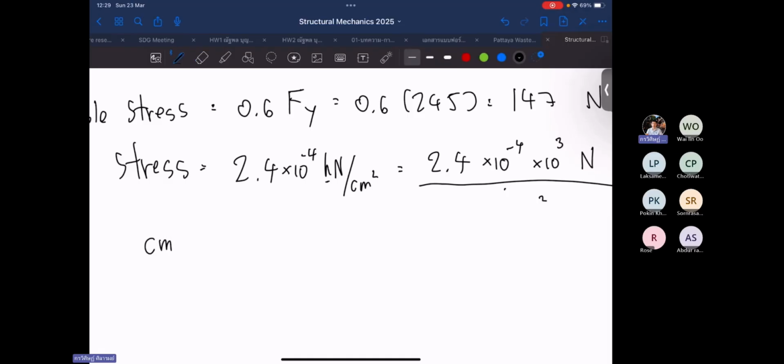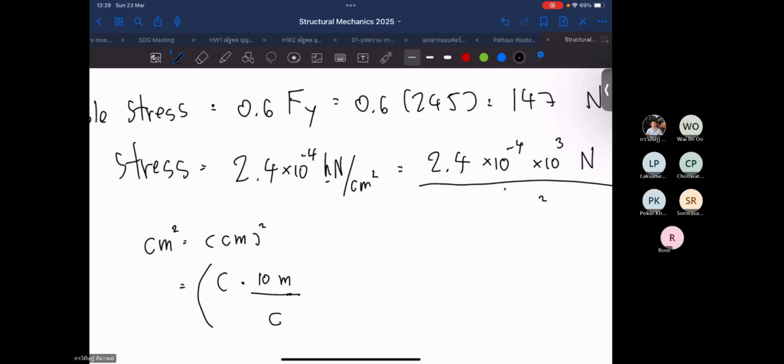Okay, centimeter square equals centimeter square. And then we will change this one inside centimeter. 1 centimeter equals 10 millimeter. 1 centi equals 10 milli.